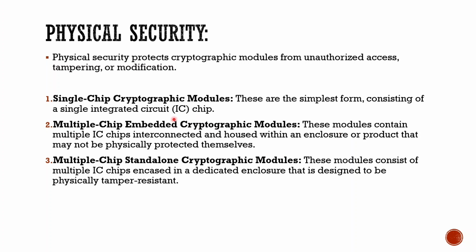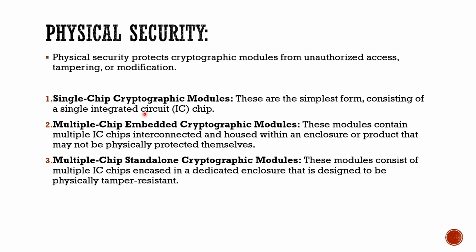Now we have different types of physical modules that are mentioned in the document. The first one is the single chip cryptographic module. These are the simplest form of modules. They have one single integrated circuit chip.